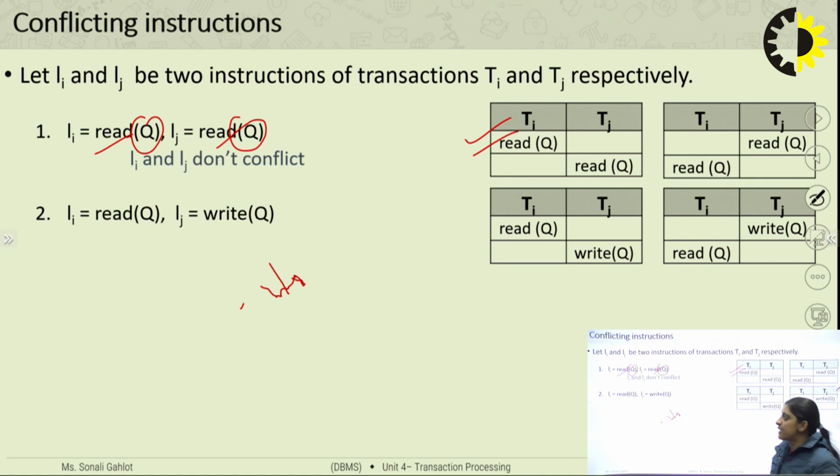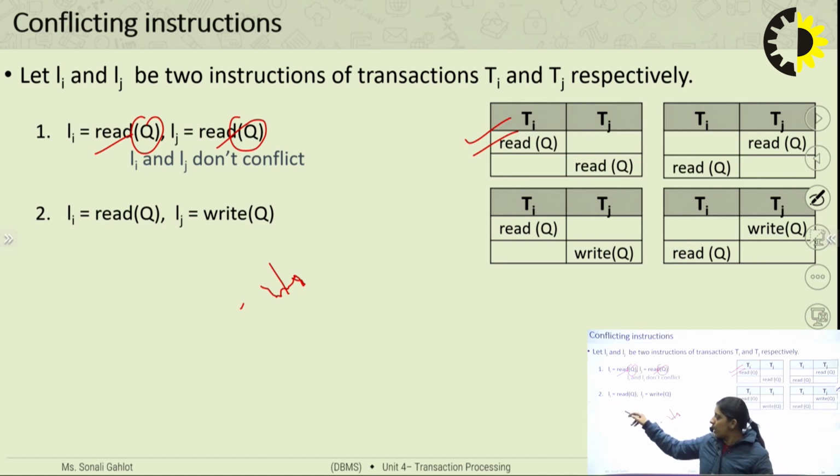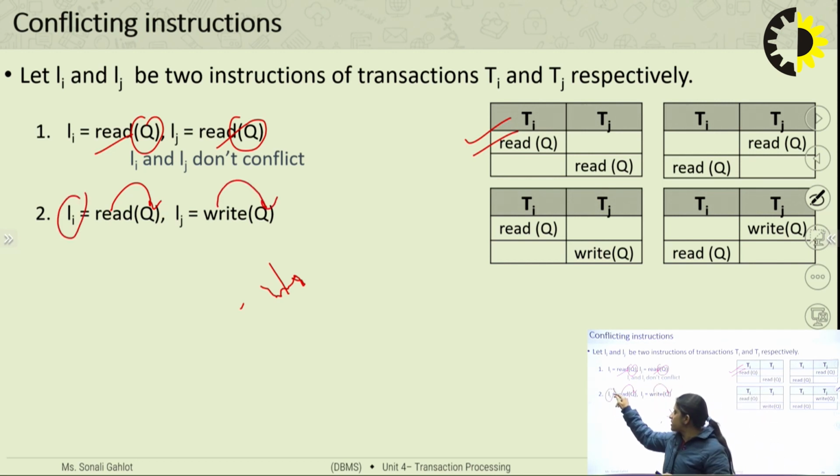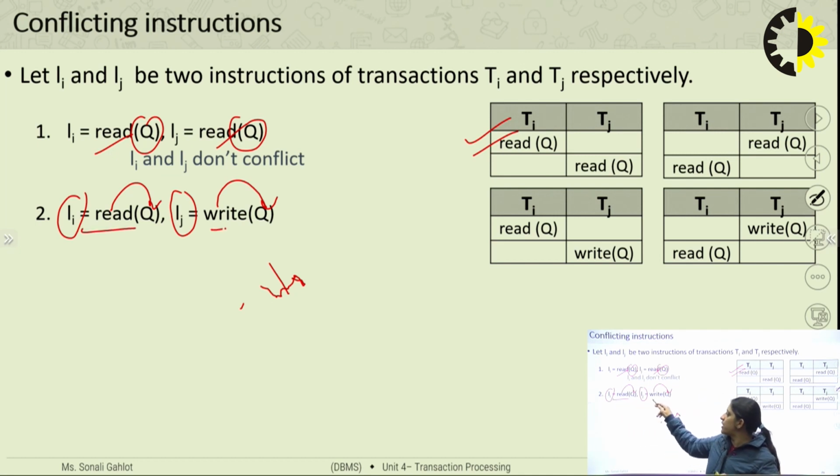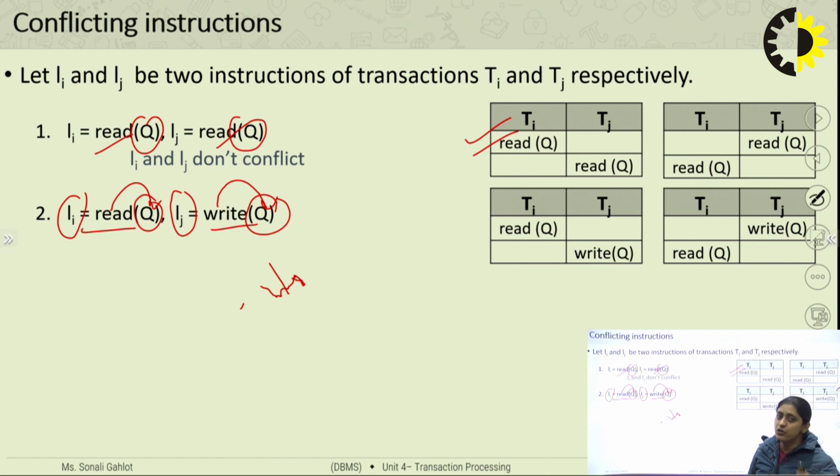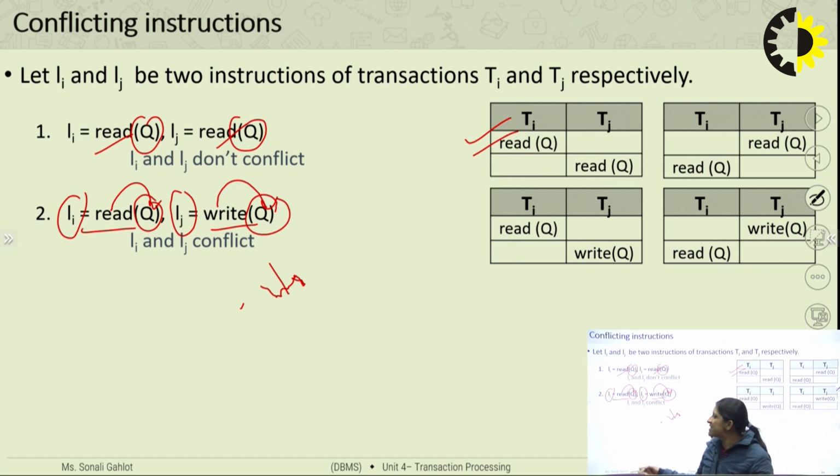But in the second case, instruction Ii performs a read operation on data item Q and Ij performs a write operation on data item Q. These two instructions belong to different transactions and perform different operations, but the data item is the same. We cannot perform read and write at the same time on the same data item. So here there is a chance of conflict, and we can say that instruction Ii and instruction Ij conflict.